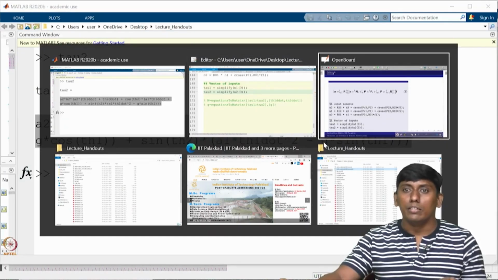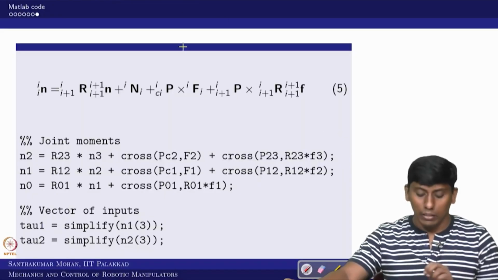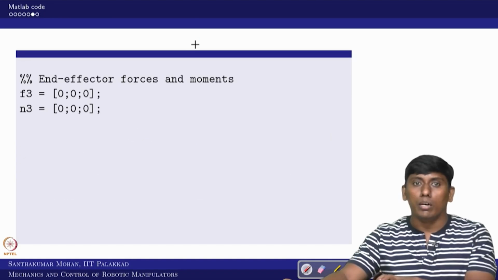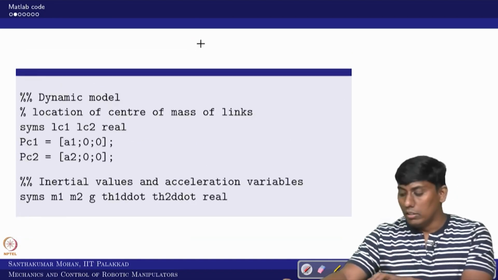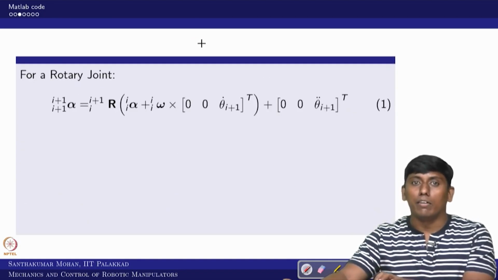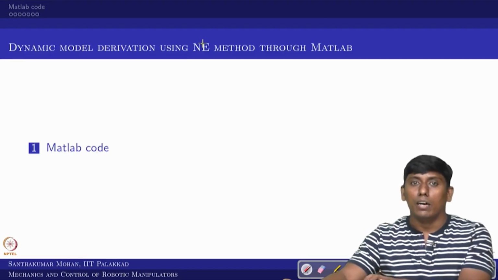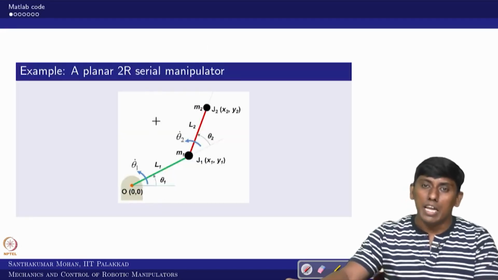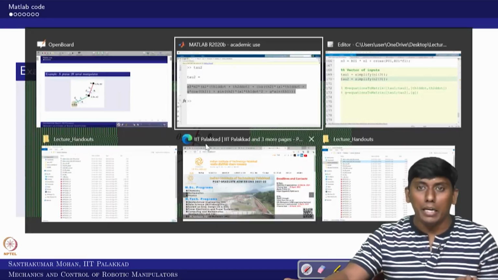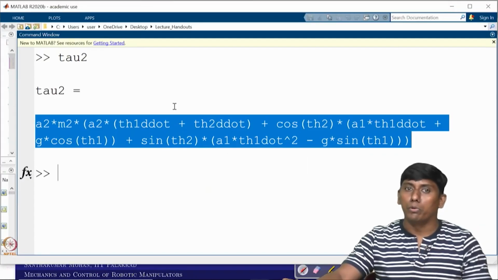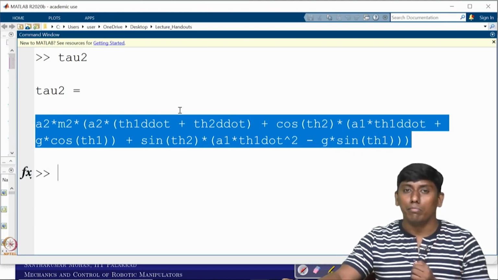If you go back to the equations you derived for this particular system, the same equations are obtained in the MATLAB output. That is the benefit: you can use MATLAB for deriving the equations of motion.